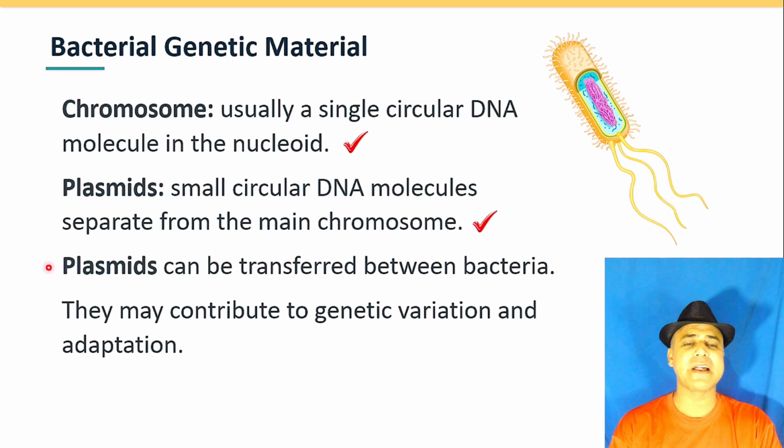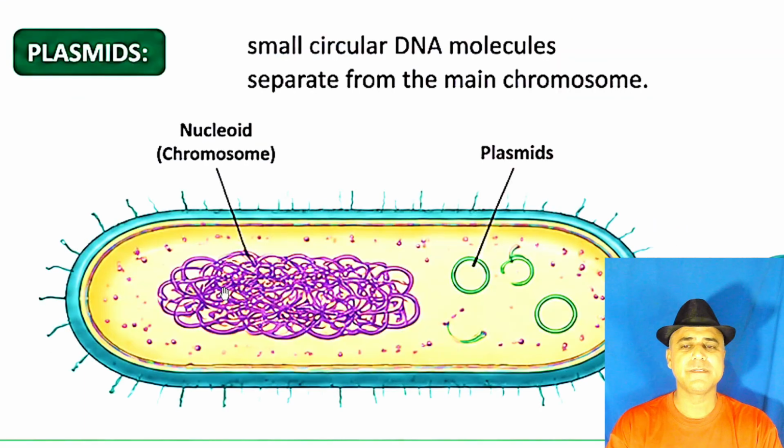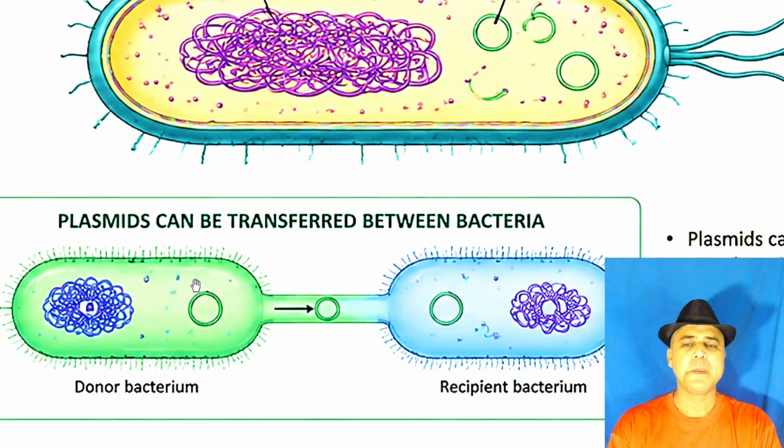Plasmids can be transferred between bacteria. They may contribute to genetic variation and adaptation. This is the biggest chromosome, the nucleoid chromosome, the main chromosome, and these are smaller circular chromosomes known as plasmids.